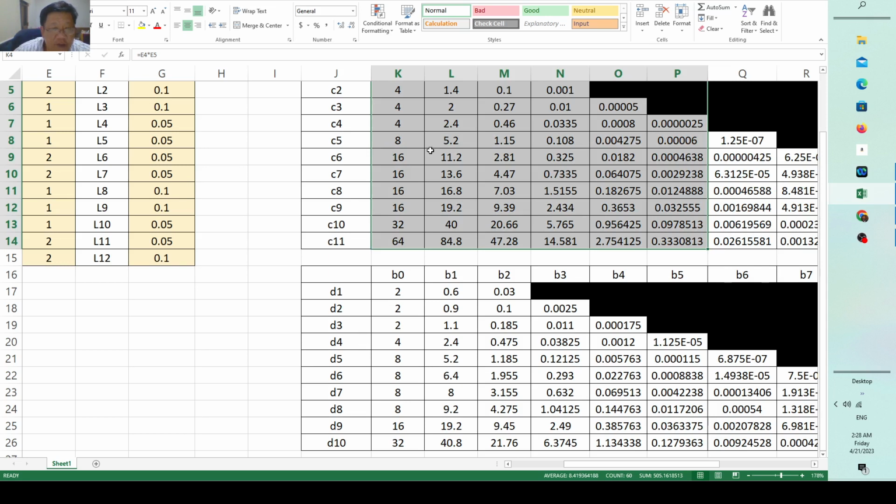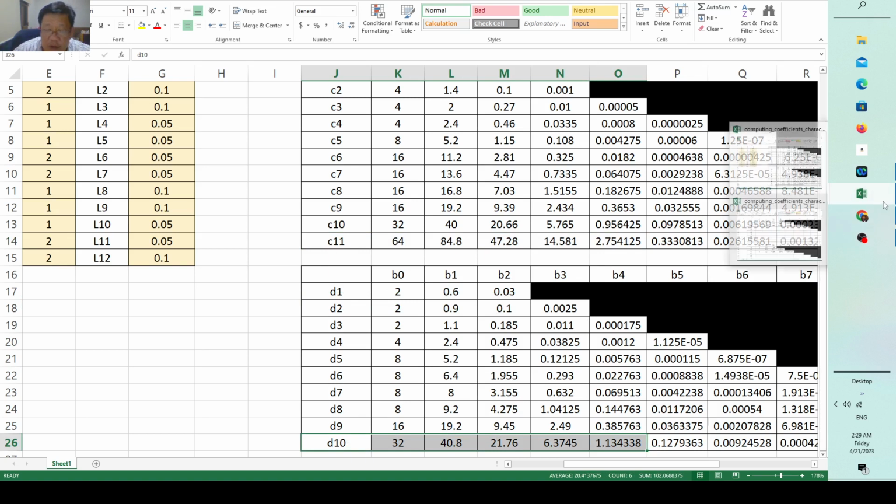Okay, we haven't tried C5. C5 is for the 6 loop, 7 loop, 8 loop, 9 loop, 10 loop, 11 loop, and then we finish at 12 loop here. Okay, C11 is for the 12 loop, and D goes up to D sub 10, because the index of D is always 1 behind C. Okay, subscript index, I mean.